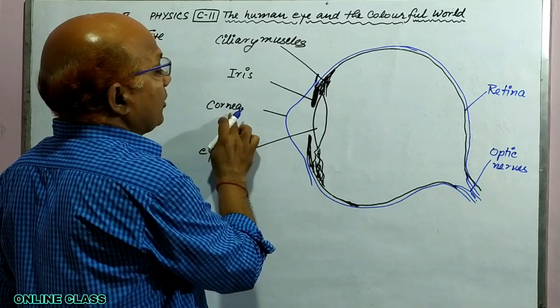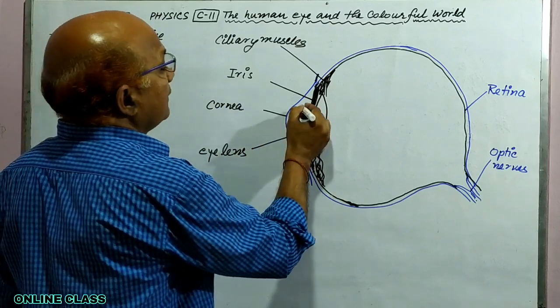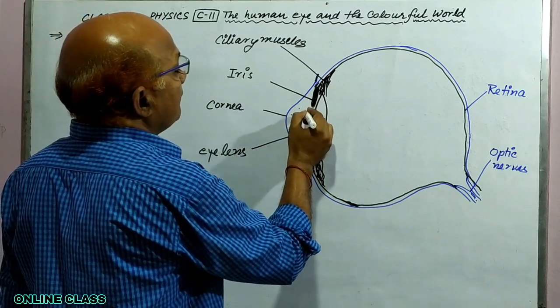Between cornea and eye lens there is a liquid filled.